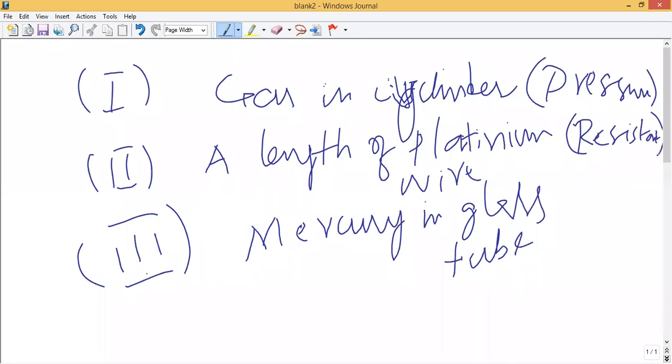Okay, and in the mercury thermometer, the length of the mercury column, meaning the volume of mercury increases, the length of the mercury column.